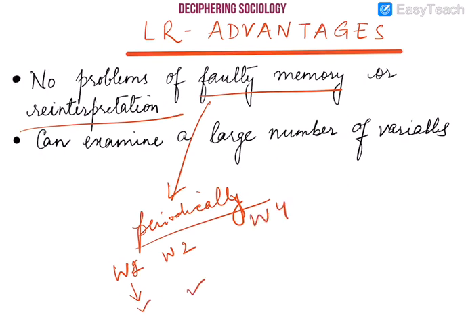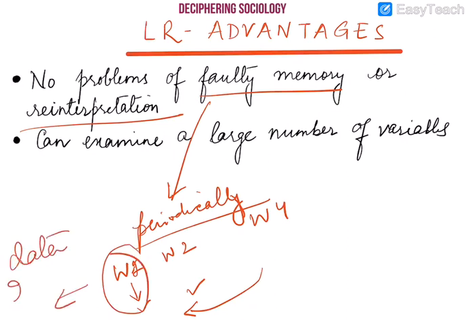So I am only interested in perhaps week 4. I will not ask here about week 1. Nor is there reinterpretation, because the week 1 data has been noted down and the interpretation has also been done. So there is no need to do it in another week.